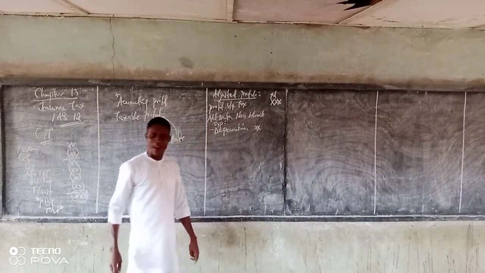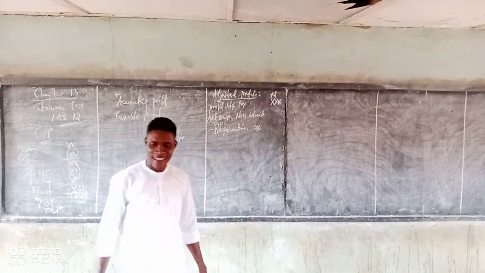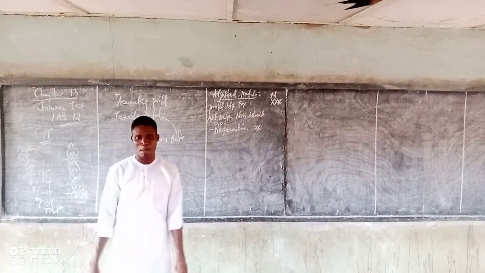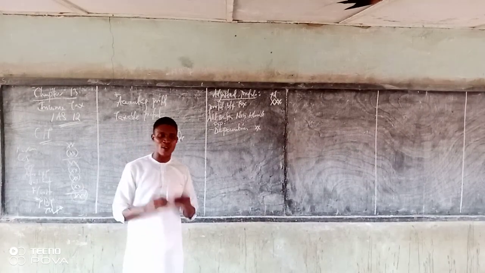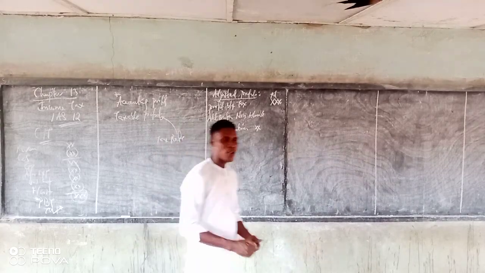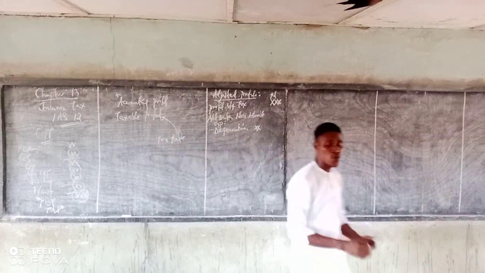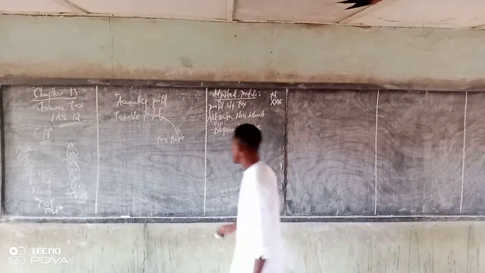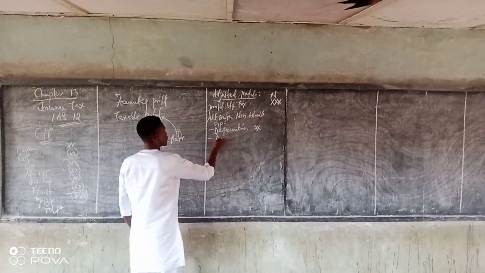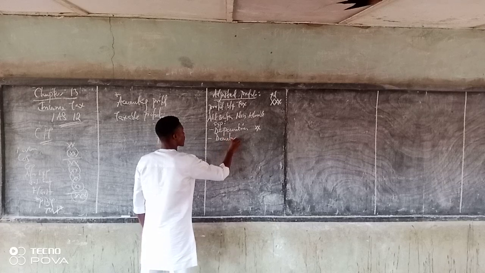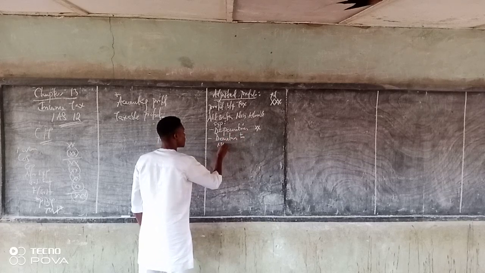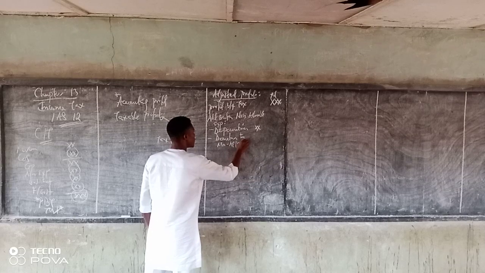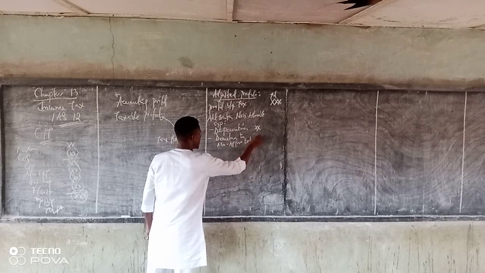The other expense that is not allowed: donation to non-approved bodies. Because in tax law there are some bodies under the schedule of tax law that you can donate to. So donations to non-approved bodies are not allowed. So you add this back.